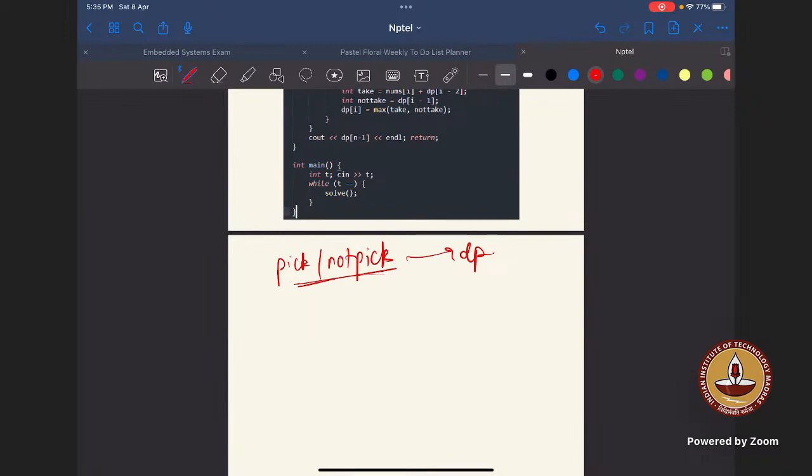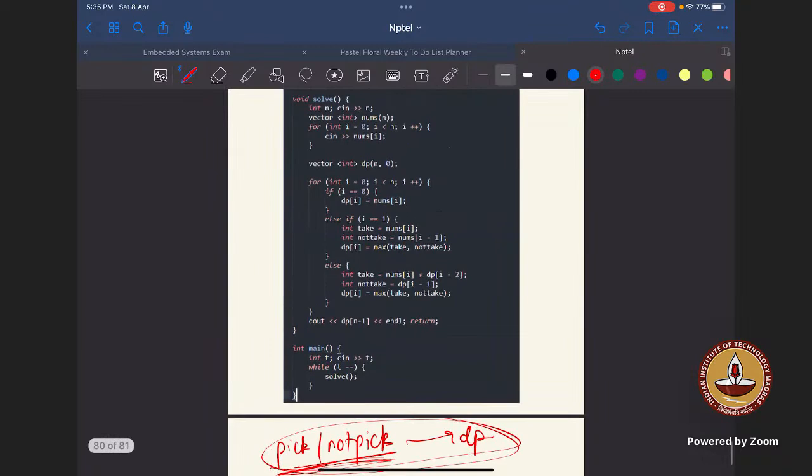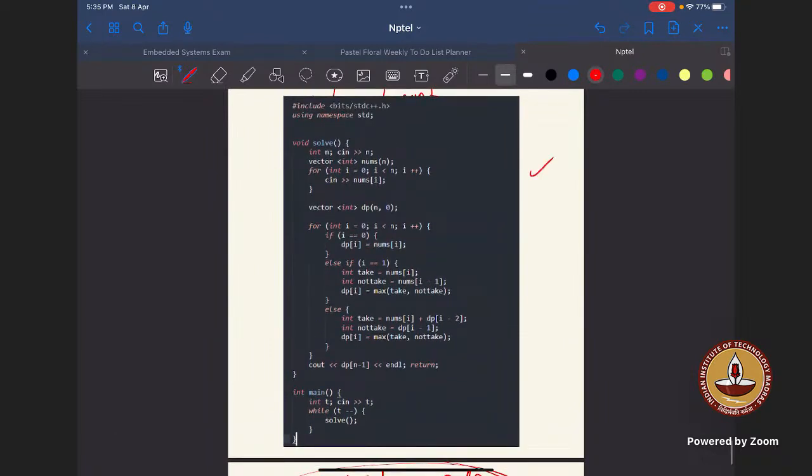In those questions, always try to think about the pick not pick technique. Either you're picking the ith element, or you don't pick the ith element, and then take the minimum of these two, or the count of these two, or the maximum of these two. These types of problems come up very frequently in competitive coding. Okay, so let's now jump on the solution.